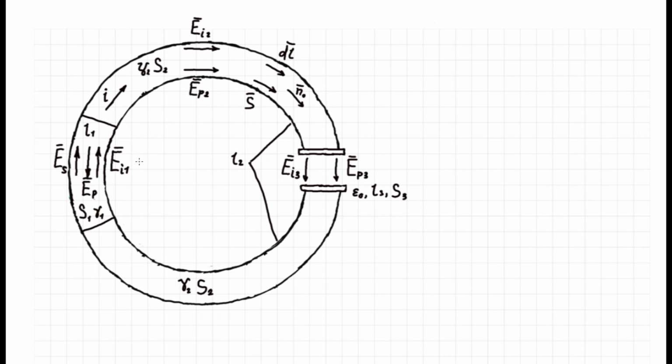This electromotive source has an electromotive force, which is a function of time. The next parts of this circuit are conductors on top and on the bottom, and the capacitor on the right.